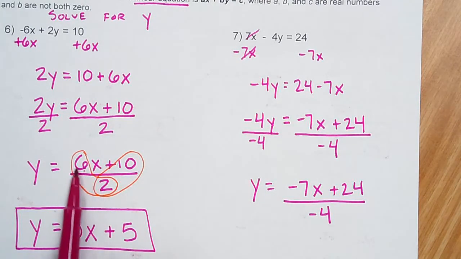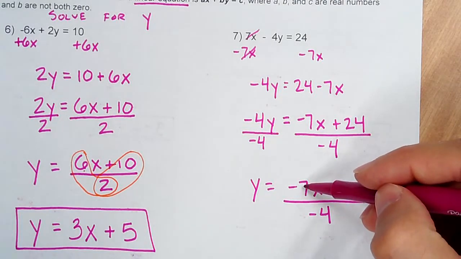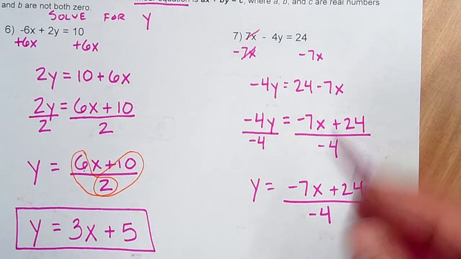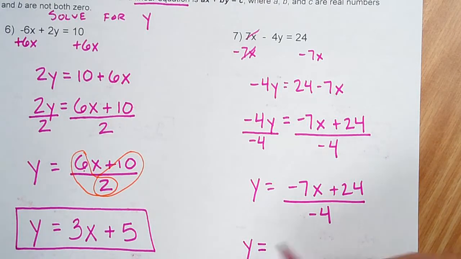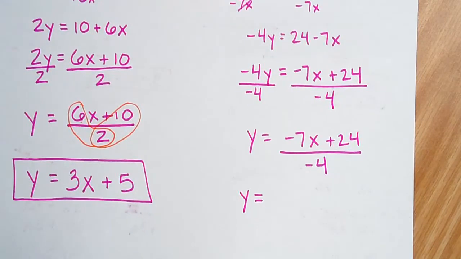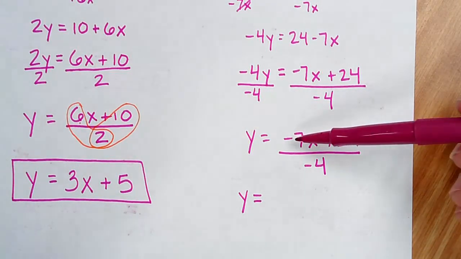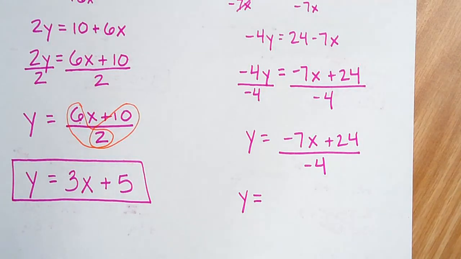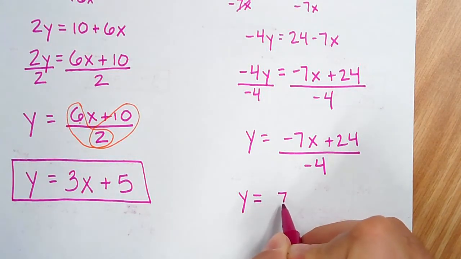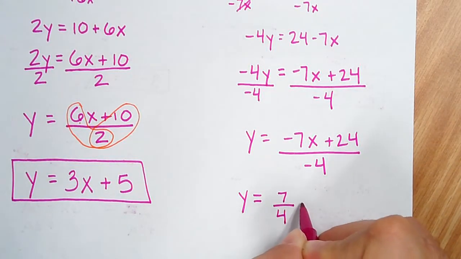Now we're going to do just like we did on the left side. I want to do negative 7 divided by negative 4. Well, negative 7 divided by negative 4 doesn't work out nicely, so I'm going to leave it as that fraction with the negatives canceling one another. So this will be 7 over 4 with my x.